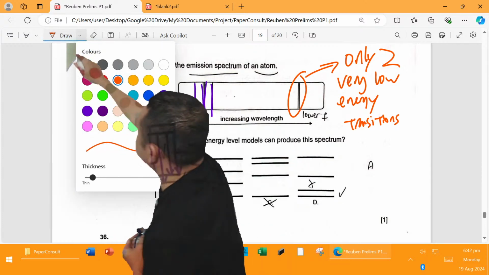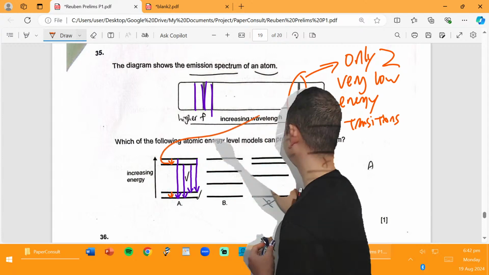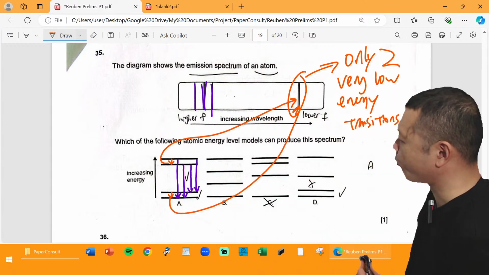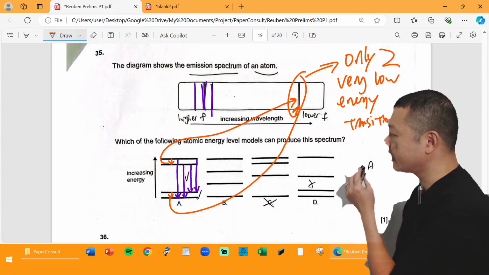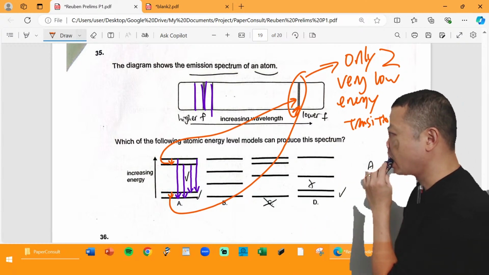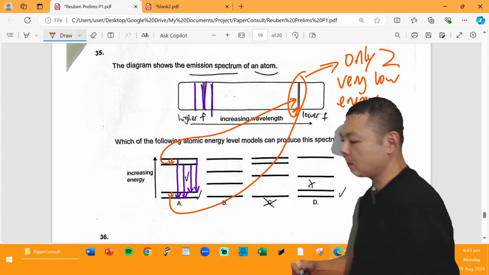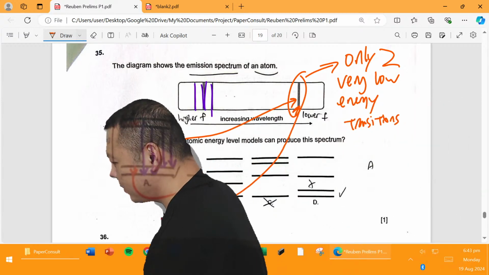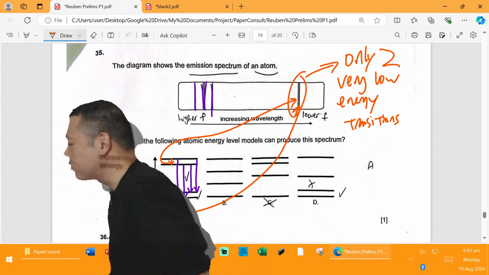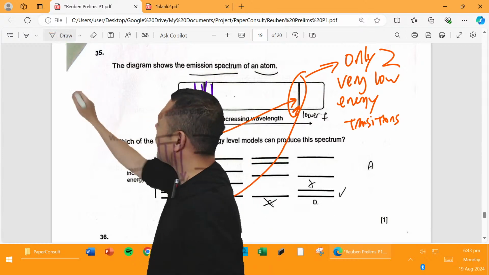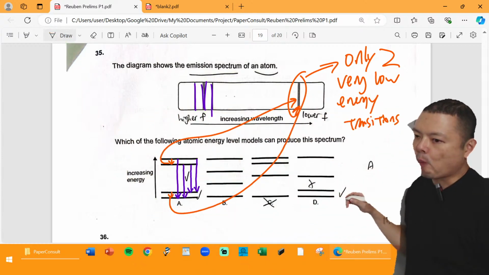So for this case, the gap size here, this one and this one. The gap size, okay? It is possible, it's four lines.